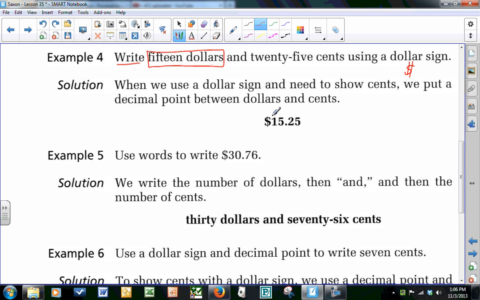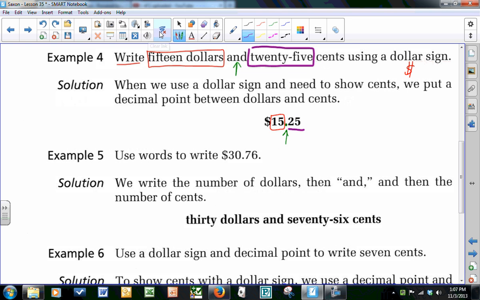That represents the number of bills you have, paper money. Then here's the word and, a connecting word again. And is represented by a decimal point right there. And then you have, let's use purple, 25 cents. So you know it's going to go after the decimal, and you have 25. And we always have to have two digits there, and 25 has two digits, so that makes it easy.